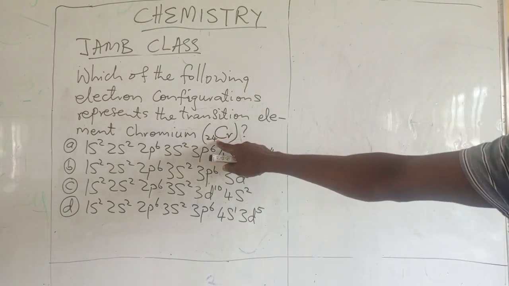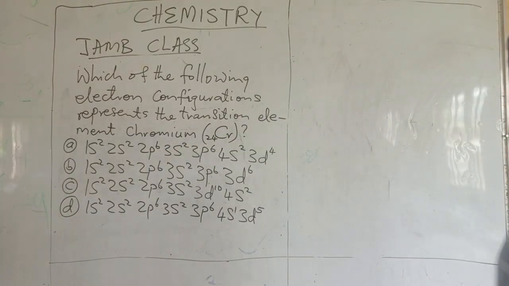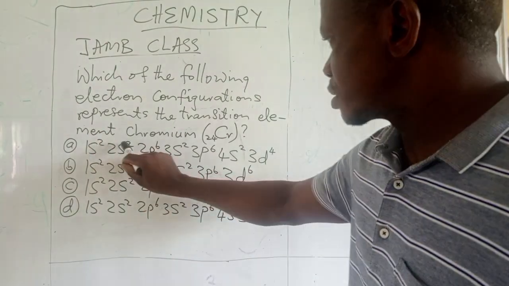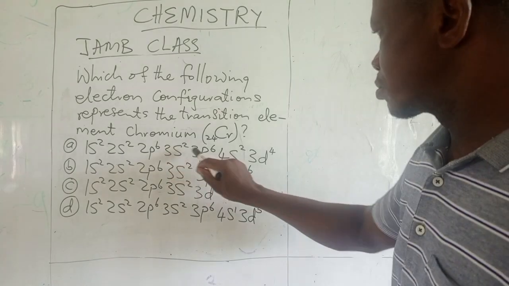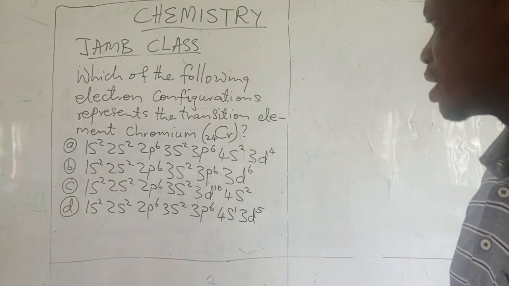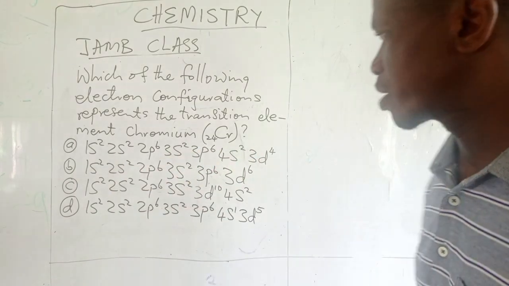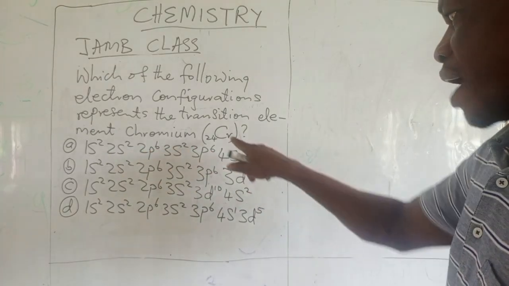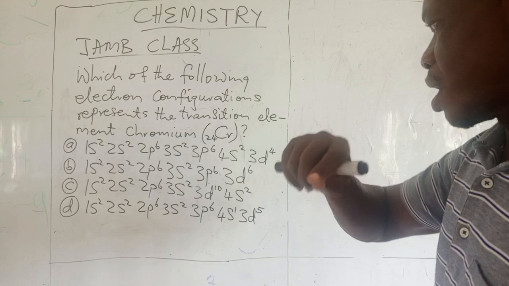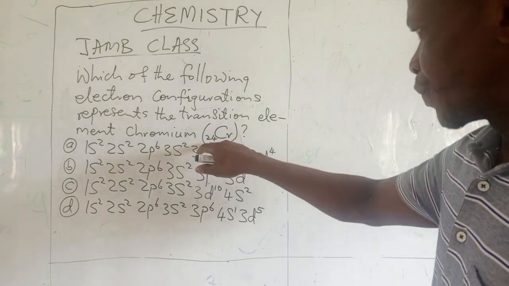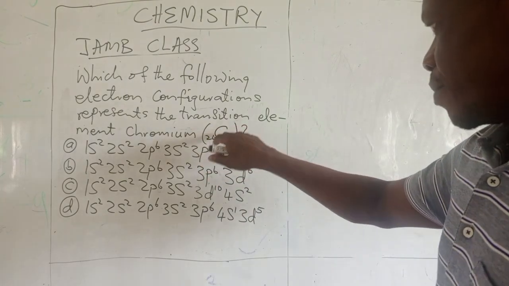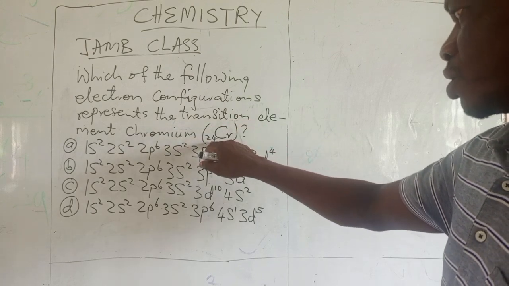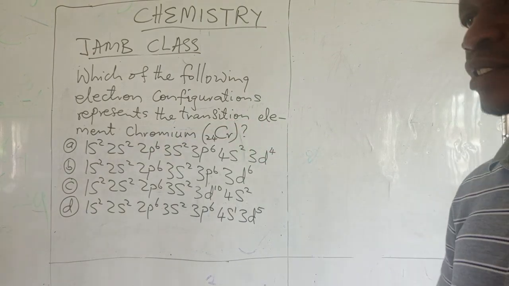So knowing this, we can now write the electronic configuration of chromium with atomic number 24. If you check, the electrons are the powers. These are the electrons in each case. You sum them up. Remember, I told you in one of the classes earlier that any element without a charge, plus or minus, the number of electrons in that element is the same as the atomic number.